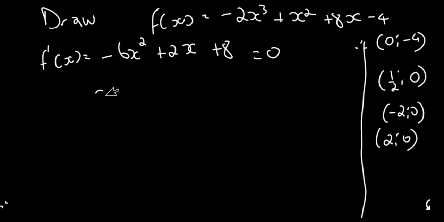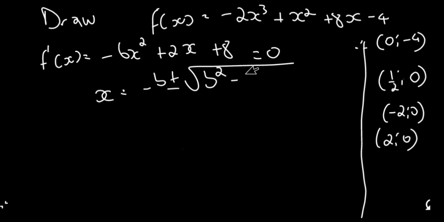x. So x is equal to negative b plus or minus square root of b squared minus 4ac, all divided by 2a.